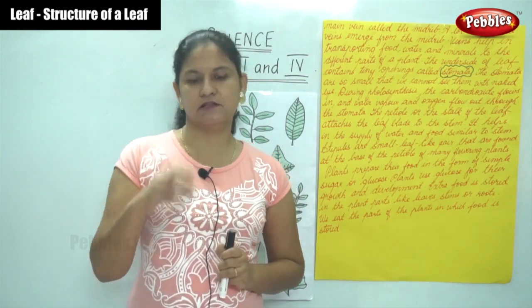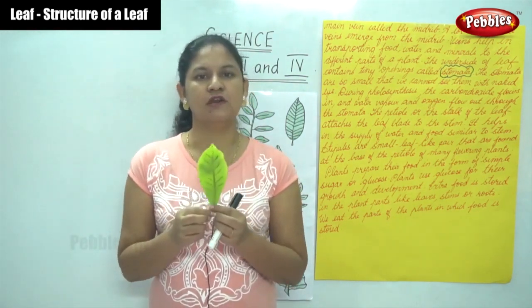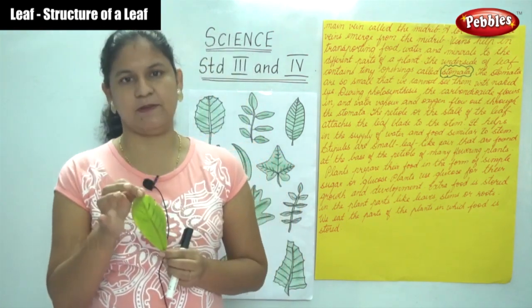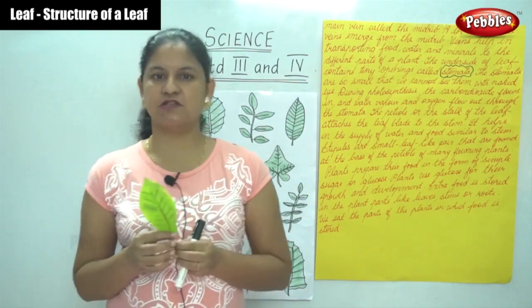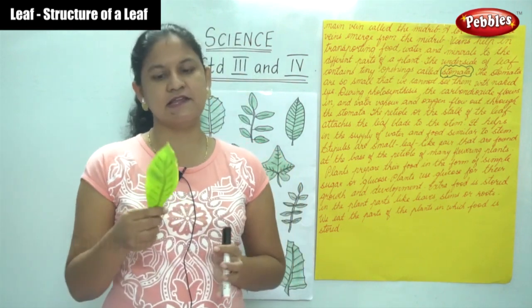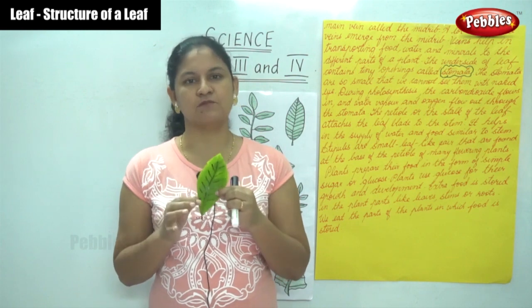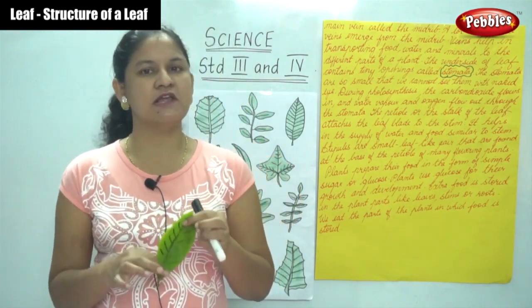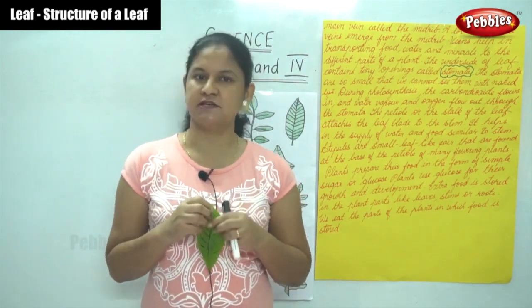The plants are green in color because of the presence of a substance called chlorophyll, the main substance that gives color to the leaves and helps in the preparation of food. And a leaf is flat because it allows absorption of the maximum amount of sunlight, because only in the presence of sunlight can a leaf prepare its food.